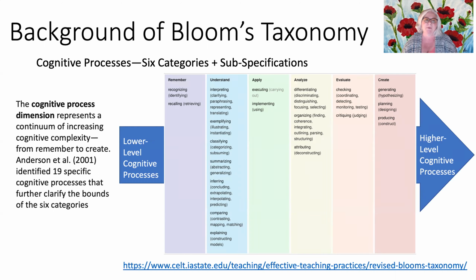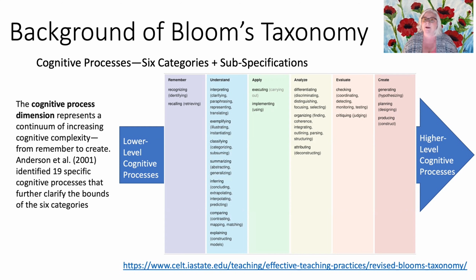So for remembering, we think about recognizing, identifying, recalling, retrieving. Understanding, we're thinking about interpreting, clarifying, paraphrasing, representing, and so on. And you can see all those different aspects. And then under applying, we have being able to execute something, carry it out, or implement something, use it.